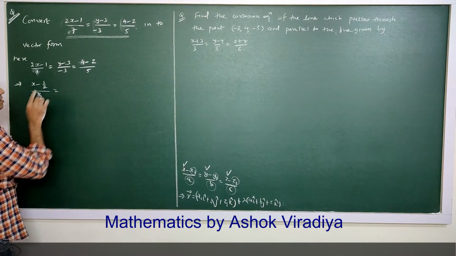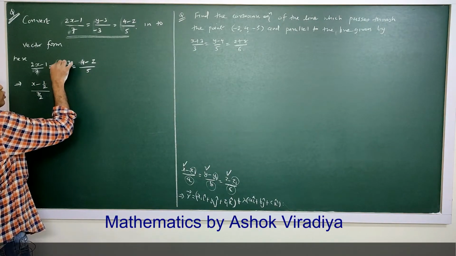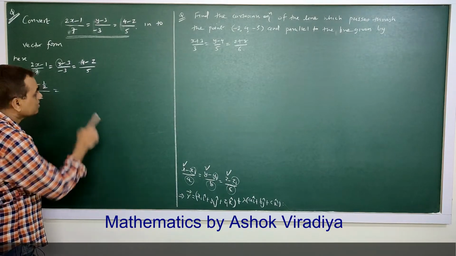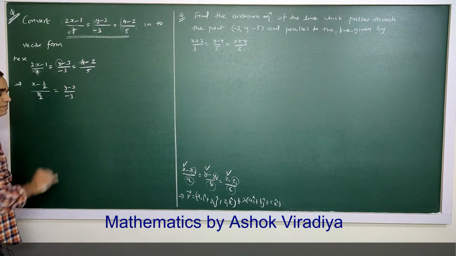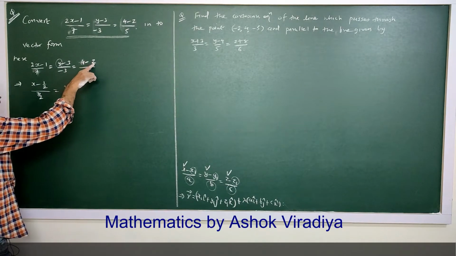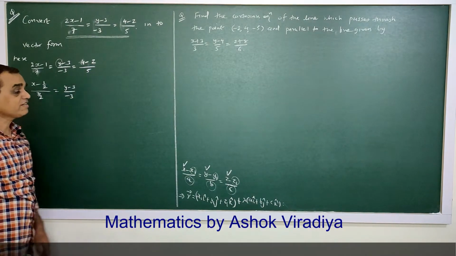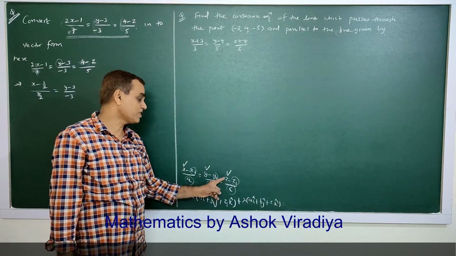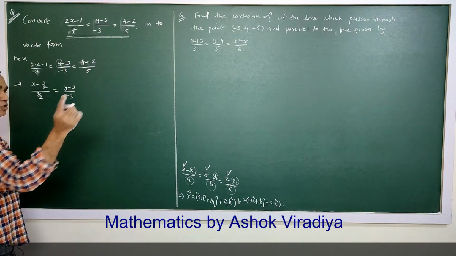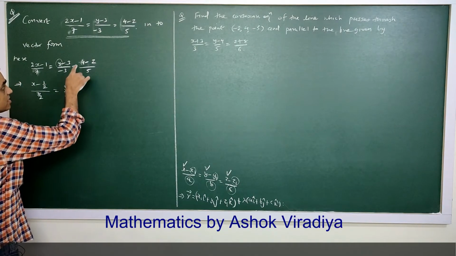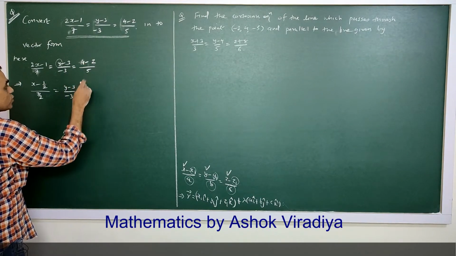Then here y, the coefficient of y is 1. Already here it is 1. So keep this as it is, no change. Here the coefficient of z is minus 1. We don't want minus 1. We want the coefficient of z to be 1. So to change minus z into 1z, here multiply and divide by minus 1.